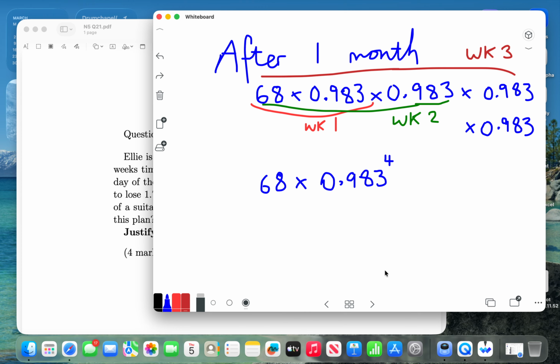This is just me showing you how this works in context. You can just skip right to this part. But many pupils find it hard to understand, where did I get 0.983 from and why did I put the 4 as the power? So I'm then going to shove this into my calculator.